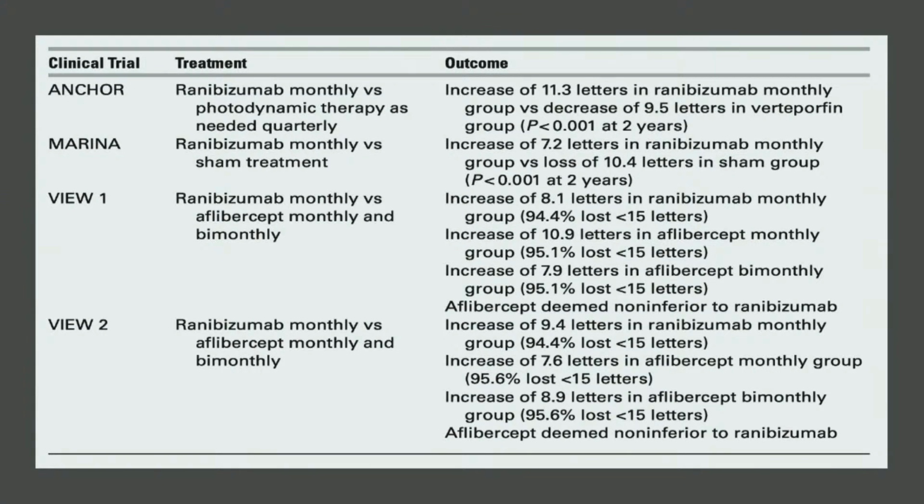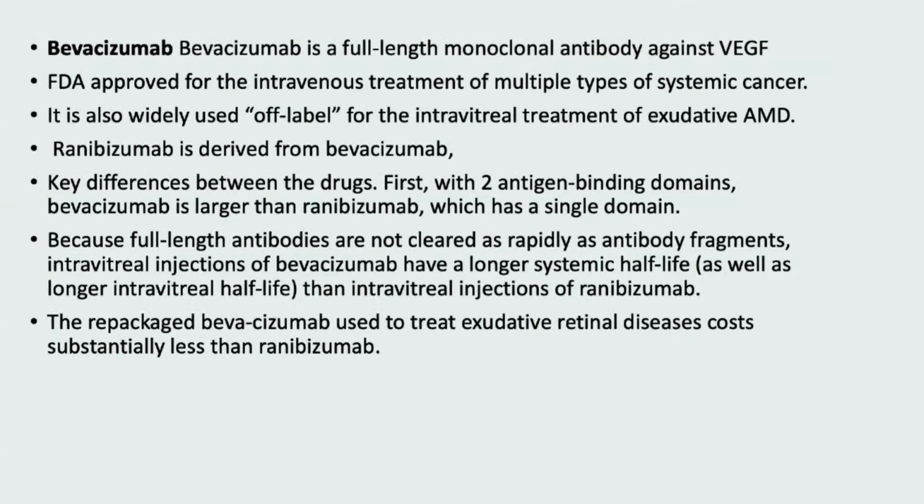The second thing that they also tried to do was, in the initial part, instead of monthly injection, can we give bi-monthly? So after 3 loading doses, they shifted the dosage from monthly to bi-monthly and saw whether it makes any difference. But in the initial part, they were not able to do it. But once the treat and extend regimen started functioning, it tended to give more and more benefit. Now, where does it leave bevacizumab? Bevacizumab was one of the first anti-VEGF drugs which was tried.